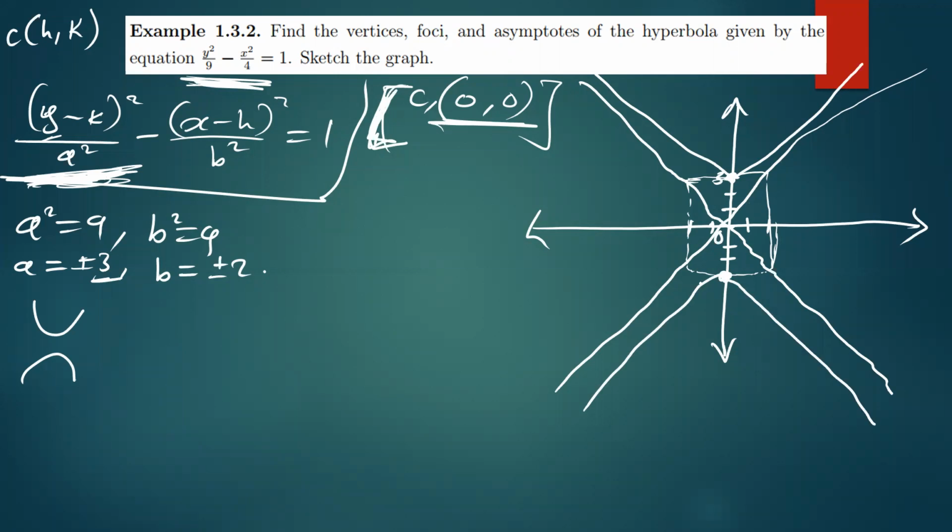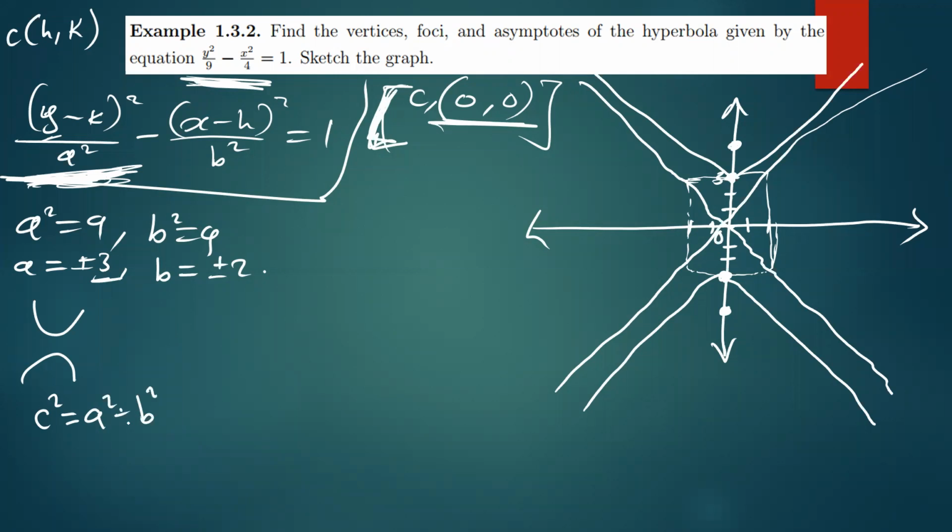After drawing these 2 curves, I now need to find the focus there and there. To find the focus, we need to find the value of C. Remember, when we're dealing with the ellipse, to find the value of C we say A squared minus B squared.